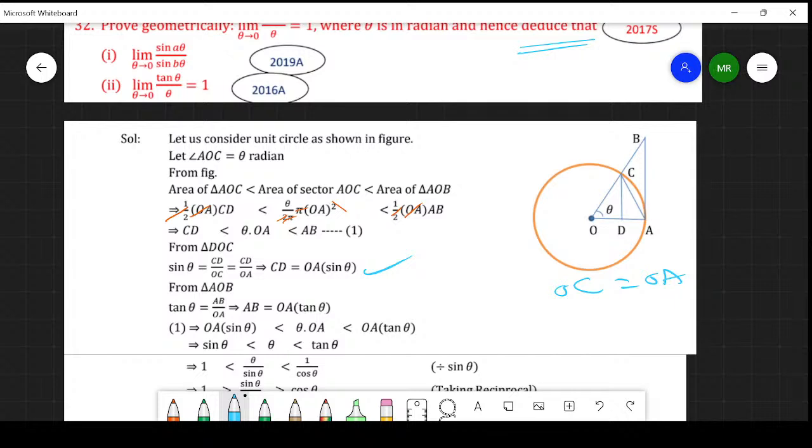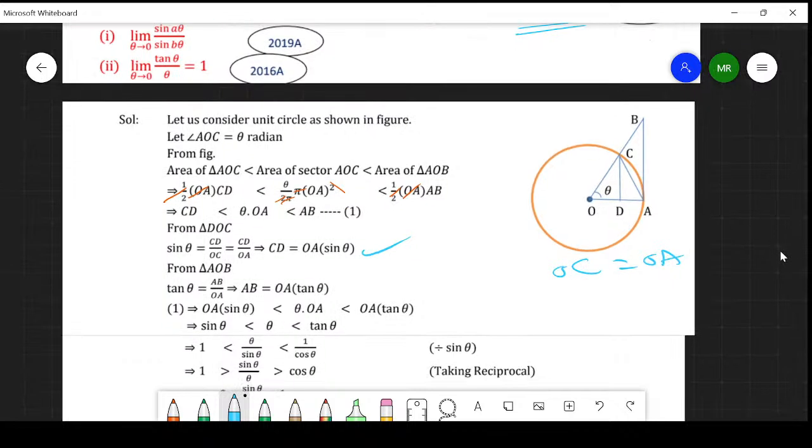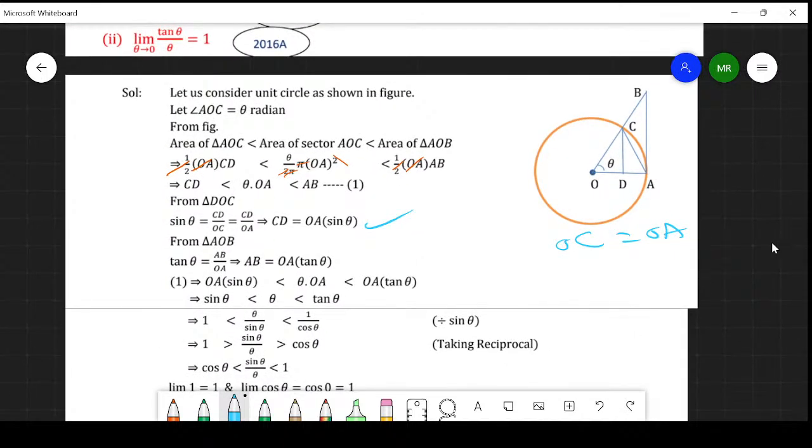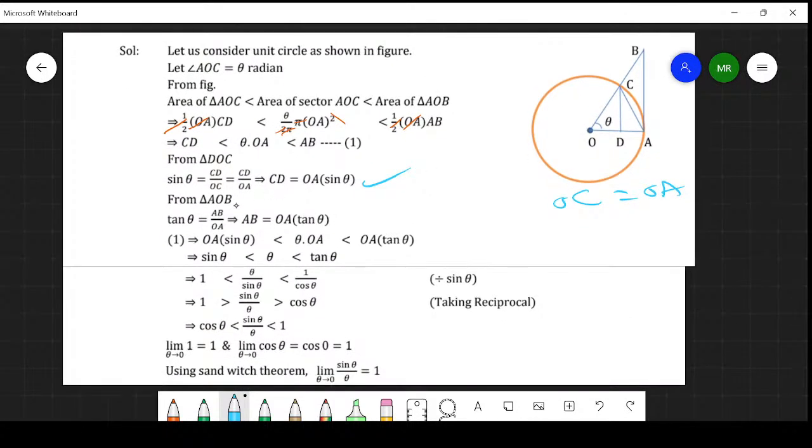To find the AB value, in triangle AOB, you find tan theta. From triangle AOB, tan theta equals opposite side AB by adjacent side OA. Then do cross multiplication: AB equals OA tan theta. In equation 1, substitute these values.